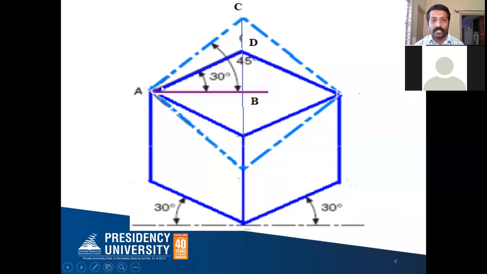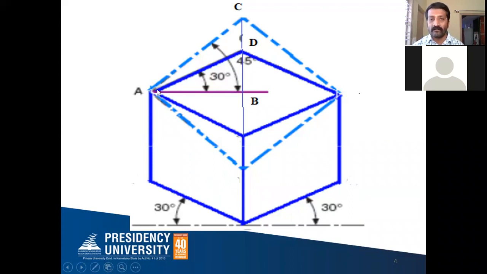So you can see here. The dotted line which I have given is the actual dimension or the actual length of the edges of your cube before tilting it. And it is 45 degrees. How do you say it is 45 degrees? Because the angle between the adjacent sides of the square is 90 degrees, correct?